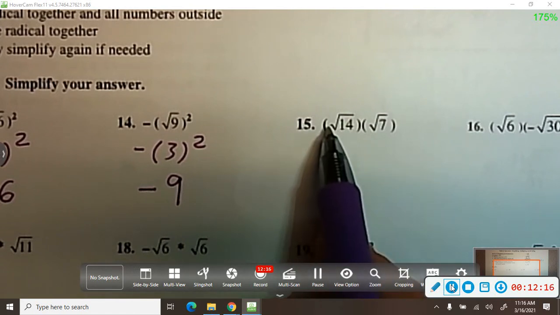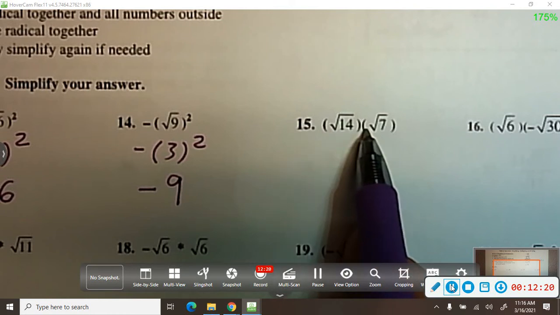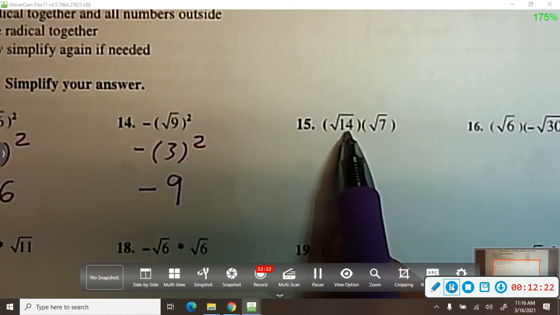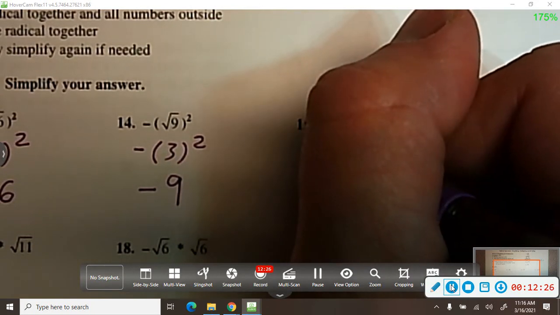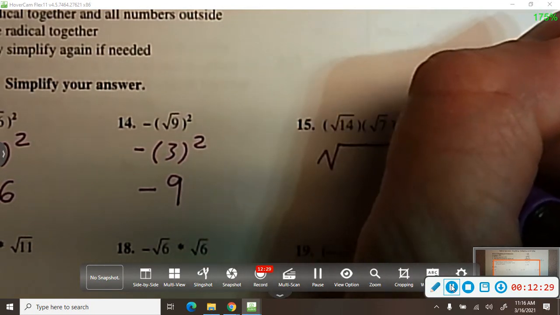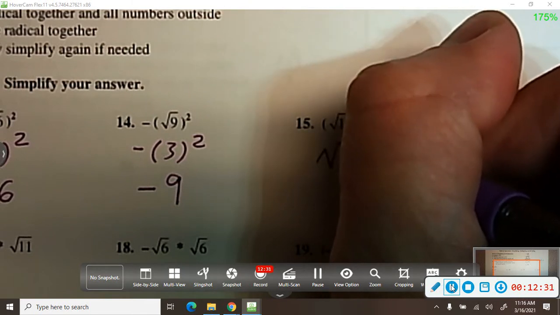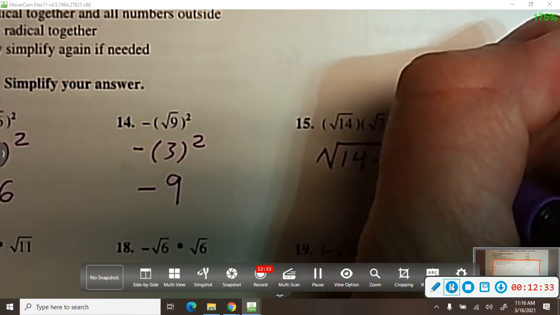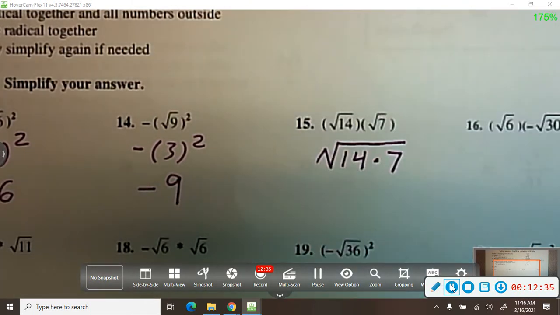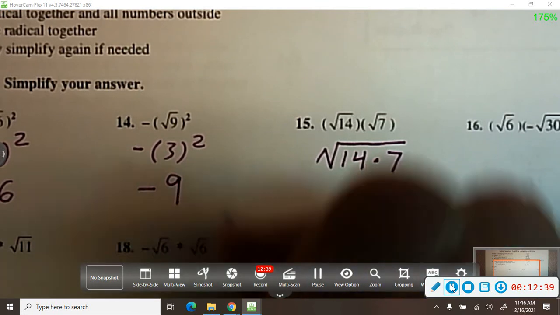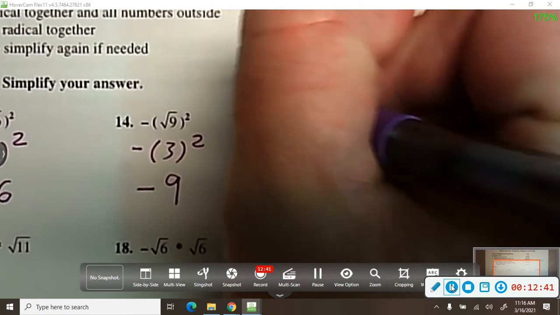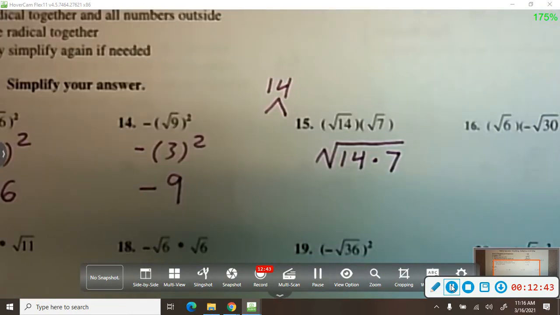Here, you have nothing outside the radical. You do, it's 1 times 1, which is 1. You don't need to put 1. And then you have 14 times 7. And I would just write that as 14 times 7. 7 is good. 7 is prime. But 14 can be broken down. 2 doesn't go into it.